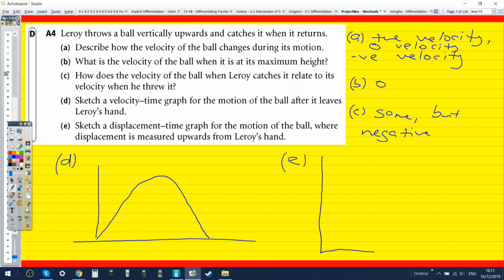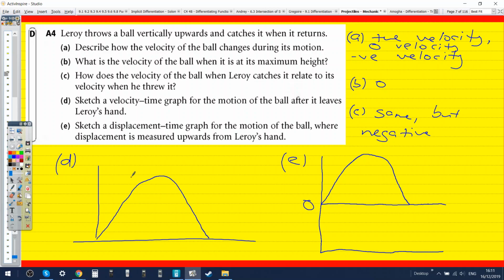Wouldn't the displacement be 0? At the start, the displacement is 0. Obviously when it hits the maximum height, it falls back down. So would that displacement end up as 0? Maybe, yeah, because it had a positive displacement, then it goes up, then it comes back down to 0.